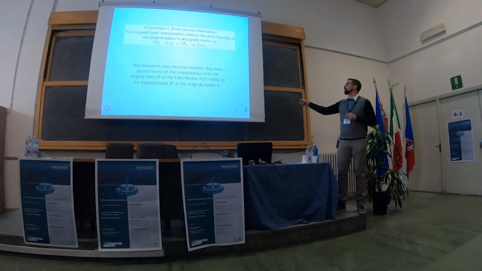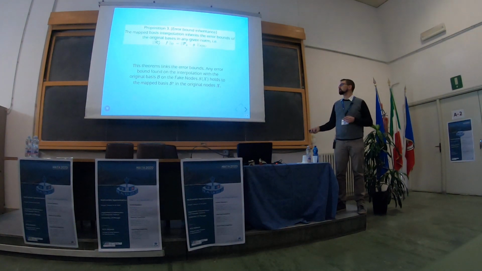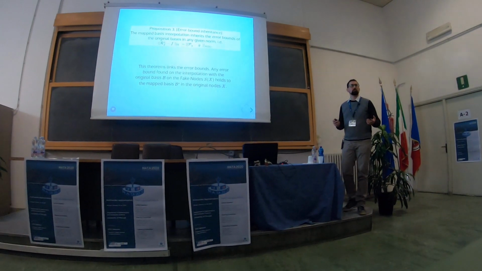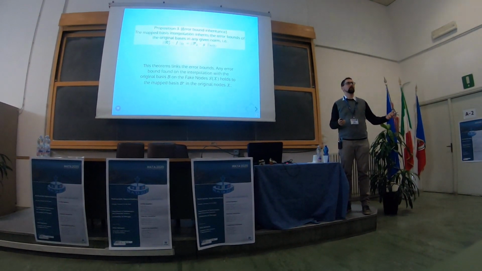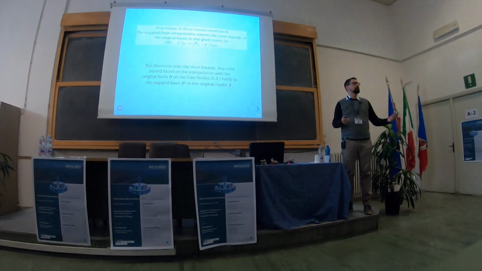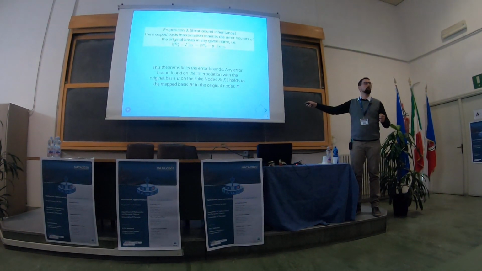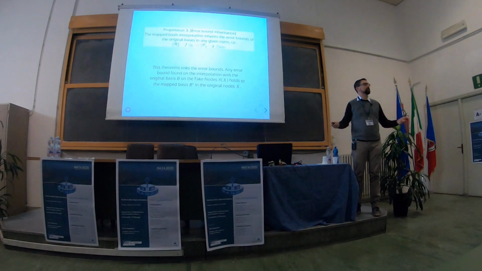This is important on the fake nodes of the interpolation of g. So this theorem is a link of the error bound. Suppose we use polynomial interpolation. So if we use the mapped basis, we have an error bound that works also for fake nodes interpolation.